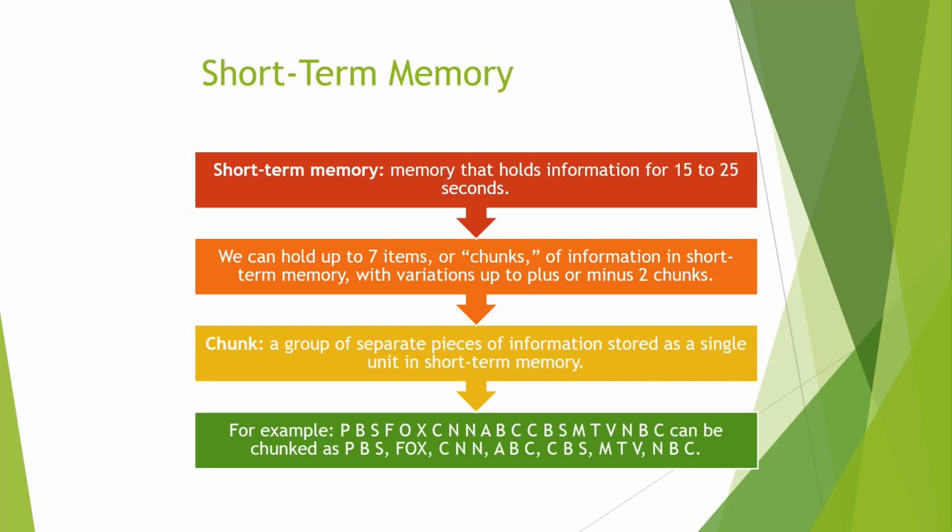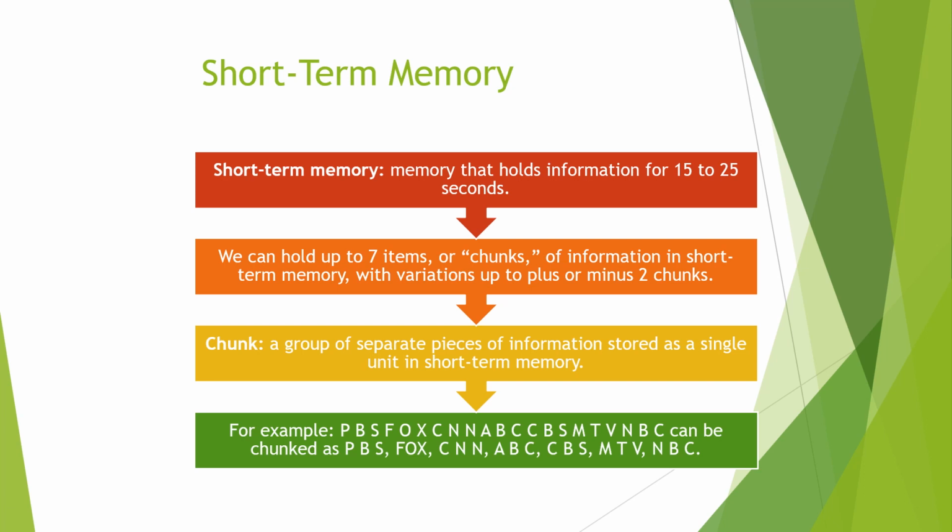Short-term memory, as you can see in this slide, is the second stage of this 3-stage memory. It's a memory that holds information for about 15 to 25 seconds. That's it. So now we are up to about 16 to 26 seconds of information, including that sensory memory of about a second, and now the short-term memory with about 15 to 25 seconds.